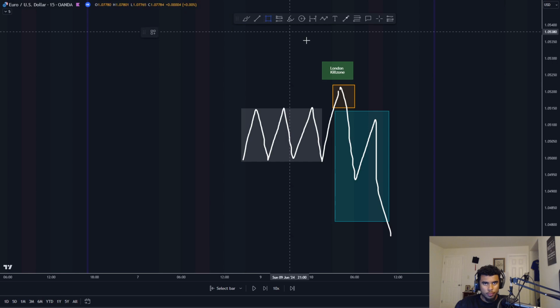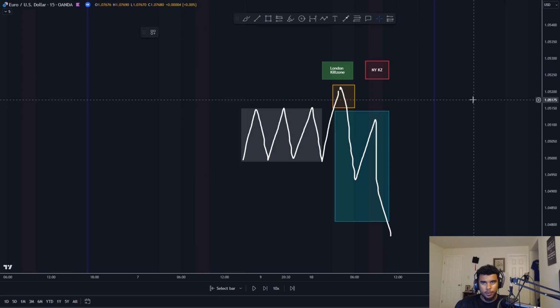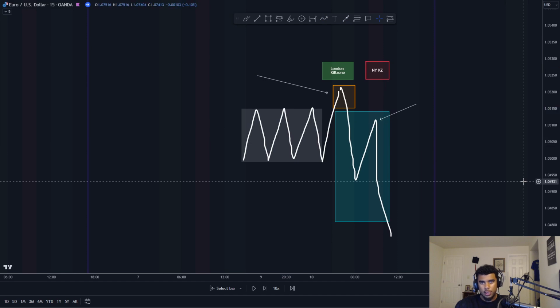Boom. And then boom. There we go. This model, you can enter up here if you're sharp. And then you can enter right here if you are sharp as well. Now the goal is you enter and you TP, right?